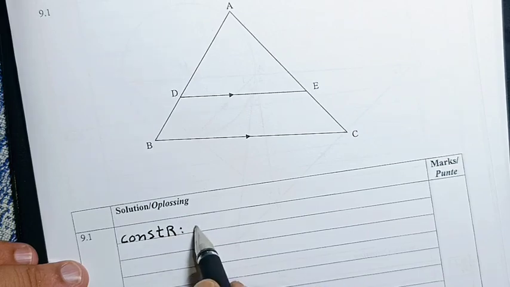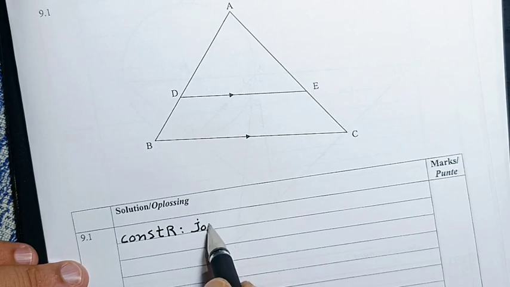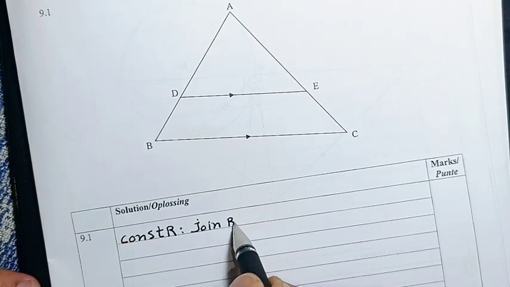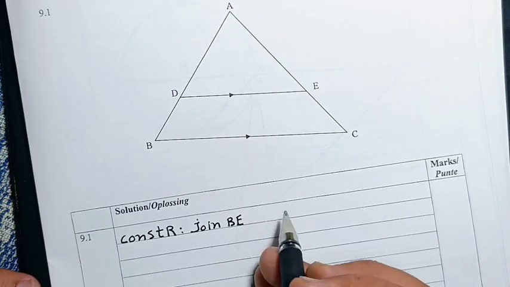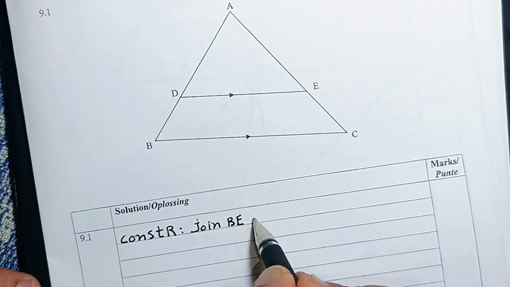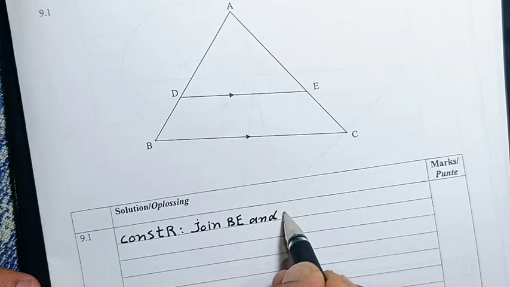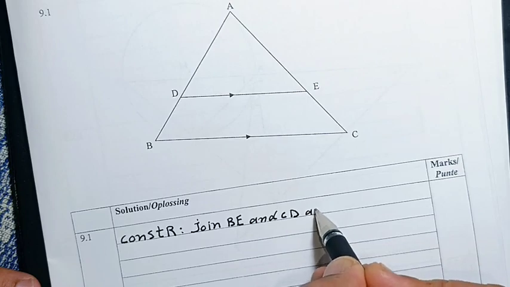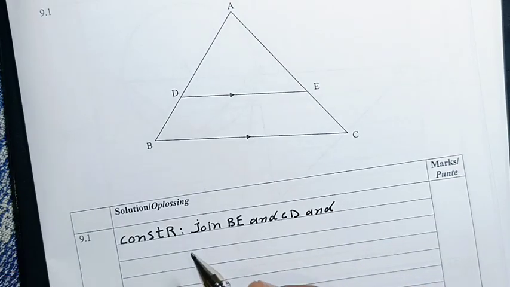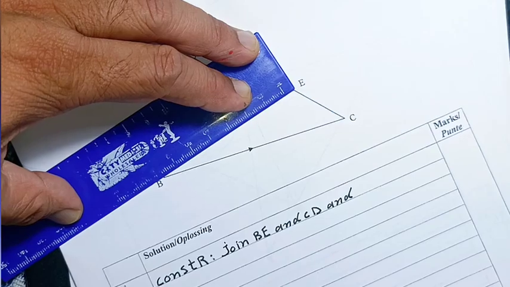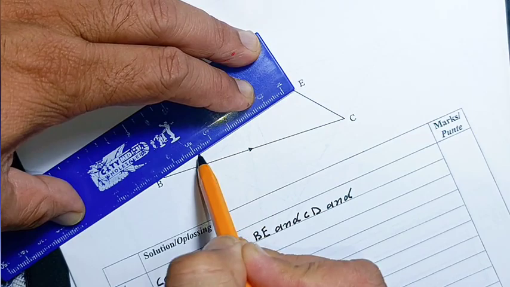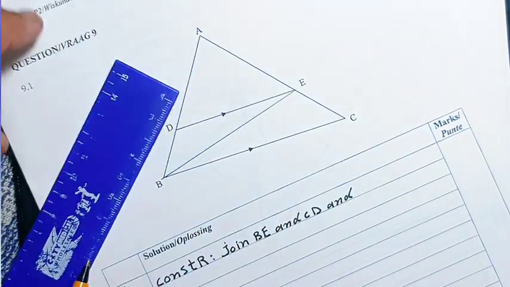You're going to join BE and CD. First I need to join BE, from one vertex to another vertex, and then I must join CD.